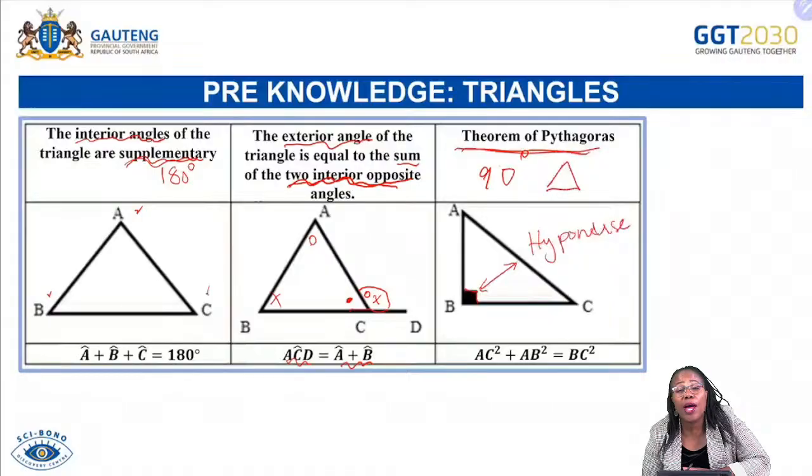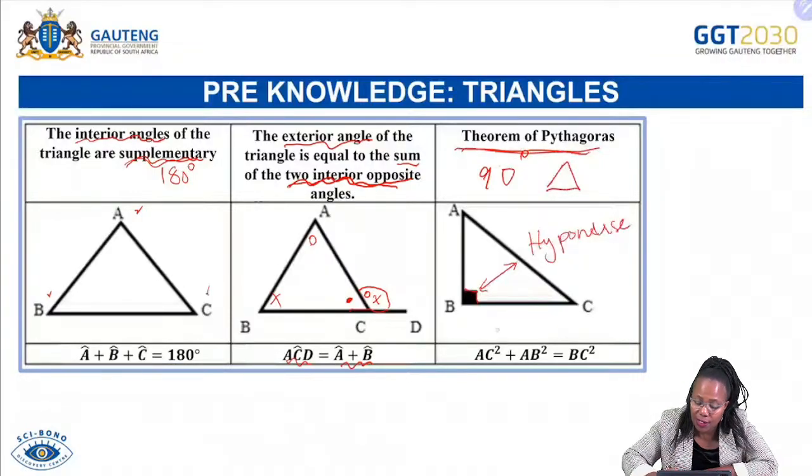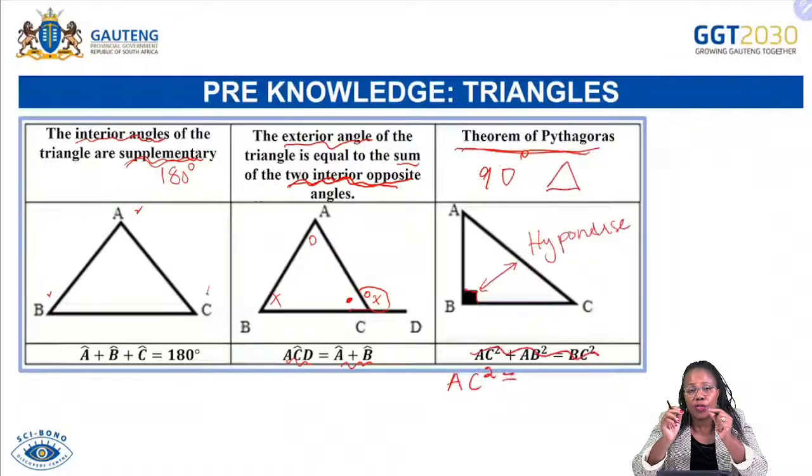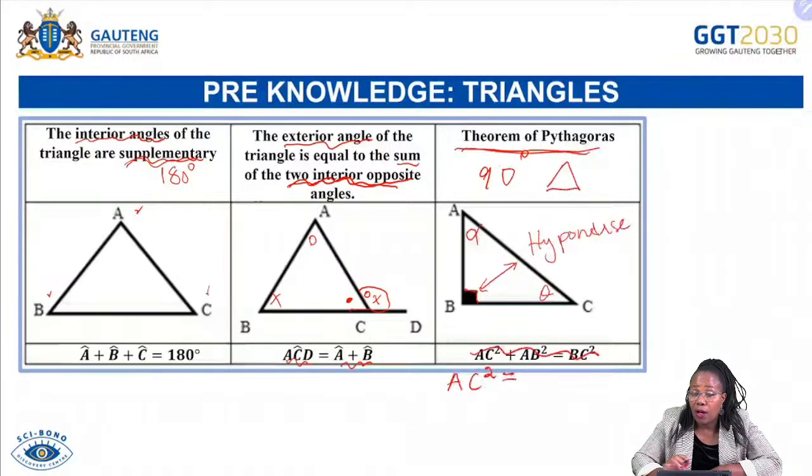So the square of that particular side, that means the square of AC, AC squared, is equal to the sum of the squares of the other two sides, being the adjacent sides to this angle or to angle A there. And then those sides are what? The AB squared plus the BC squared.